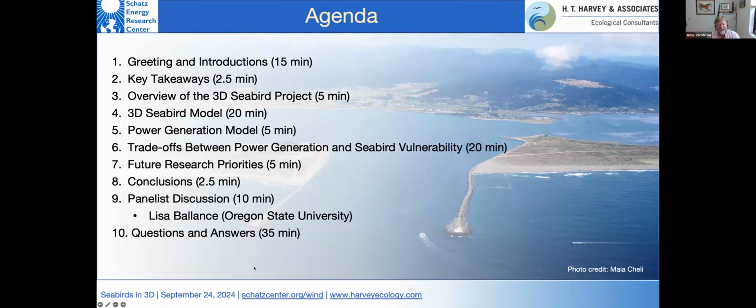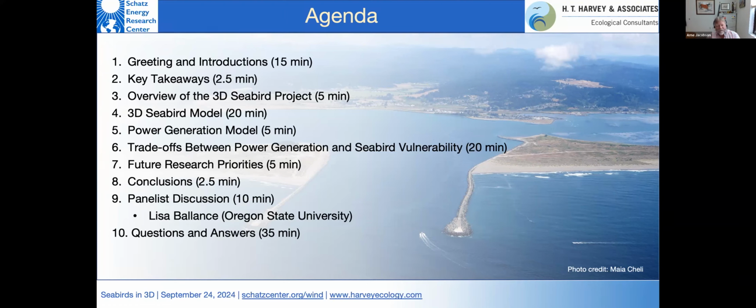Our agenda for today: the first 8 items on this list are essentially us presenting material associated with this work, and that'll be done through a mix of team members from the Schatz Energy Research Center and Harvey Associates.